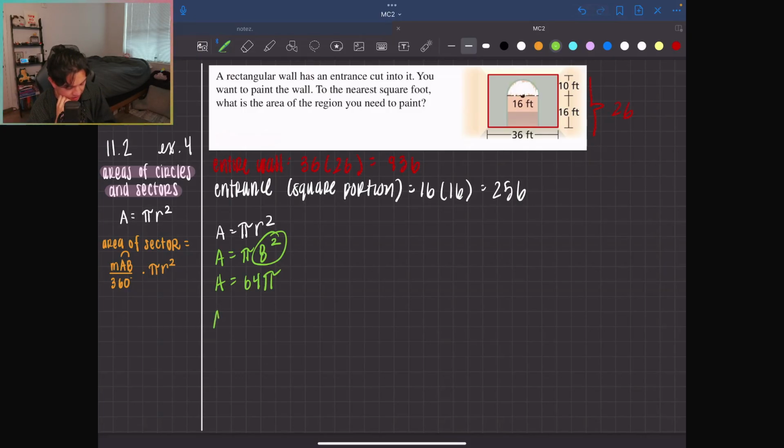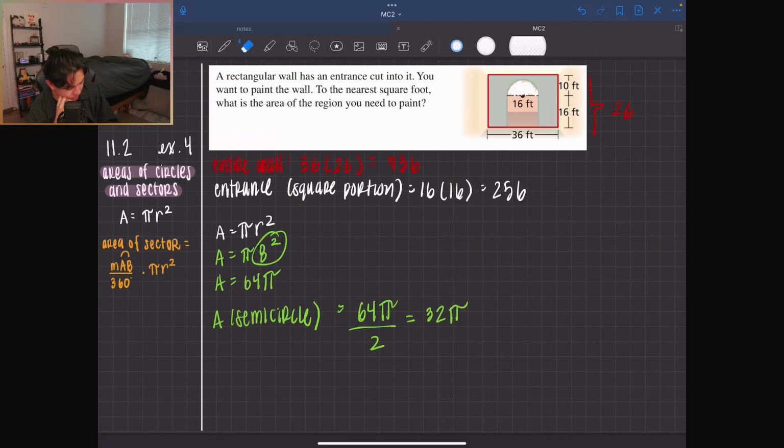So the area of our semicircle equals 64 pi divided by 2, which is 32 pi. Cool. So let's just fill it in now. This is the other part of the entrance, the semicircle, which is worth 32 pi.